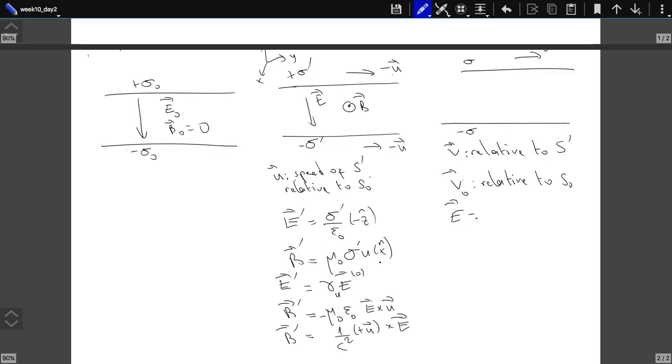Then E cross B prime still has this expression. It is in the x direction, which is pointing out of the screen, and is just E cross minus u. So that's why I have this minus sign over there. If I just change their places, it just becomes u cross E. So this is E prime.